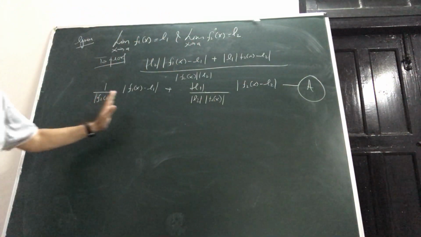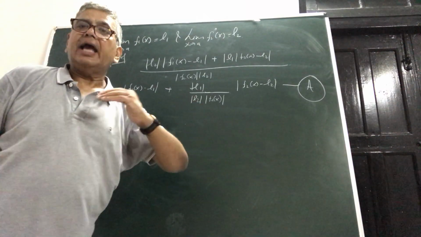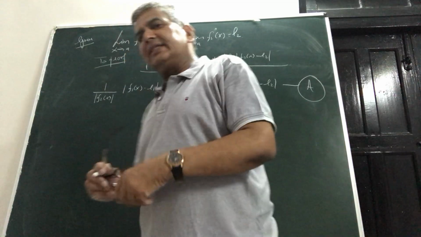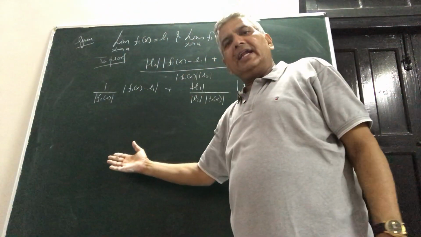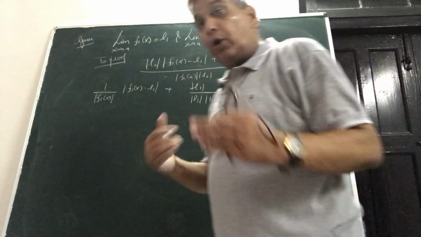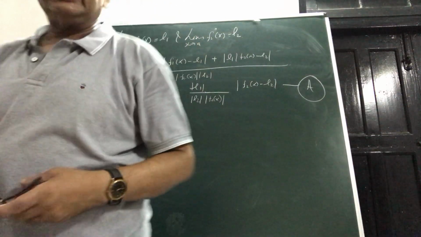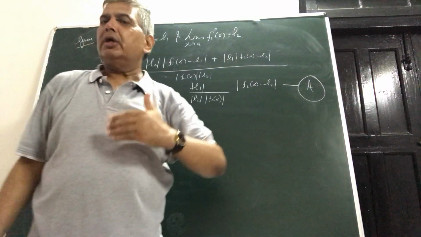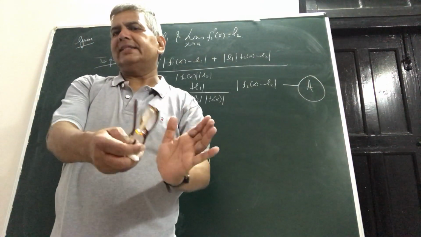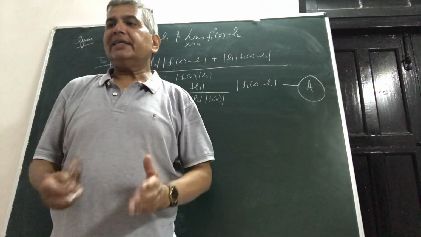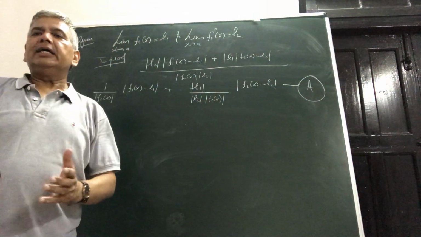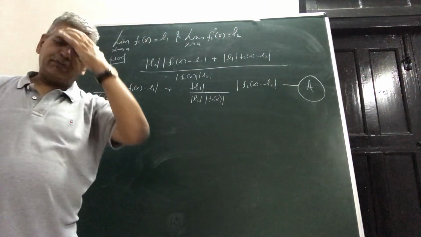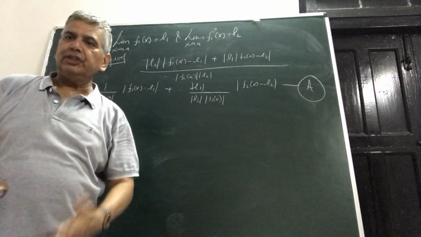Now see, this whole expression has to be made less than epsilon, and for this epsilon there should be a deleted delta neighborhood of A. So both things we have to switch in, because this expression, mod f1 upon f2 minus L1 upon L2, should be less than epsilon whenever x falls within the deleted delta neighborhood of A. So that deleted delta neighborhood of A we would be searching for.